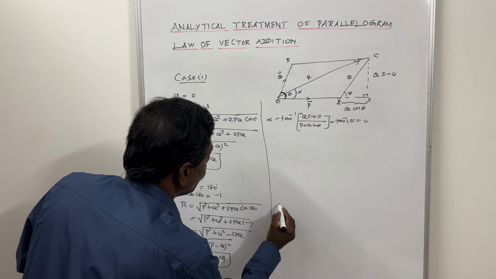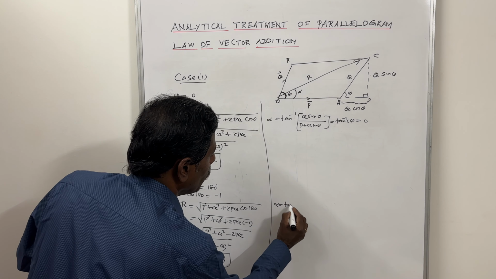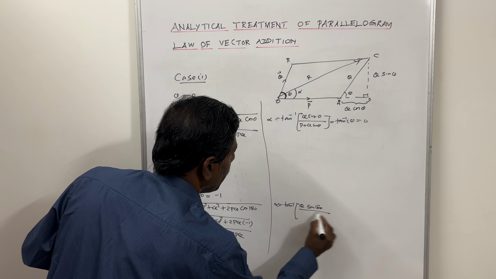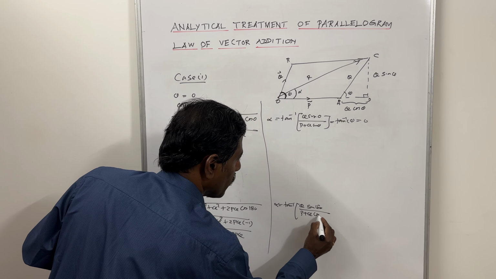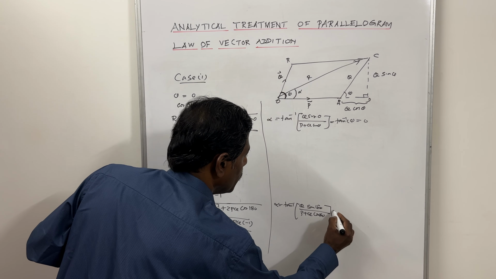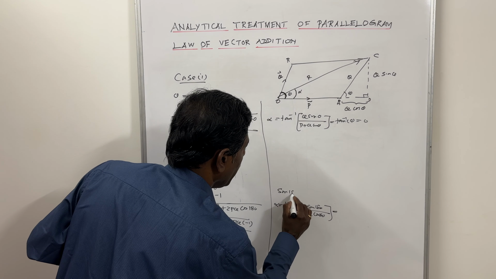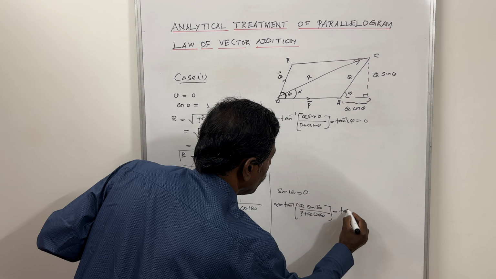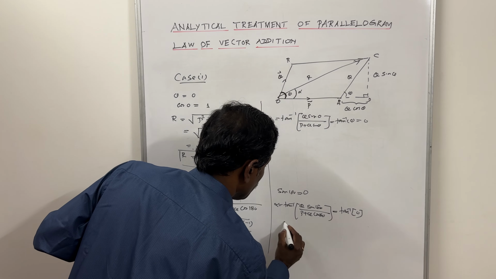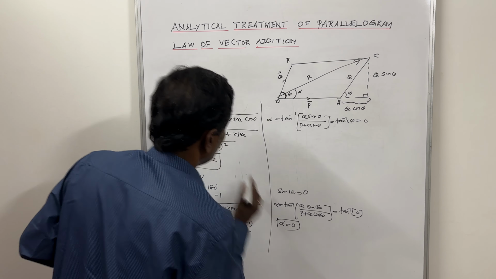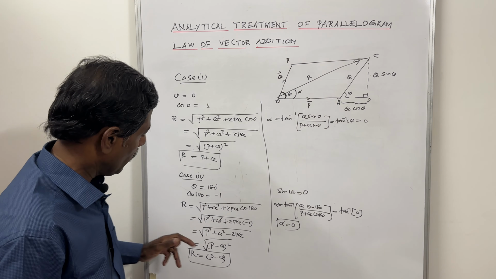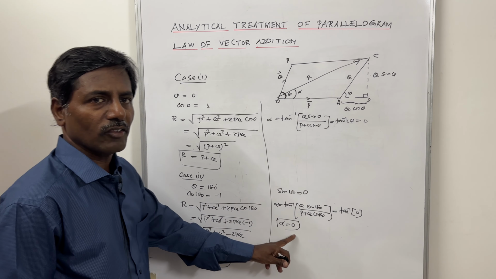Here also alpha is equal to tan inverse of Q sin 180 by P plus Q cos 180. Sin 180 is equal to 0. So this also becomes tan inverse 0. So alpha is equal to 0. So in the first case the magnitude is P plus Q, direction is 0. Here also the magnitude is P minus Q, direction is 0.